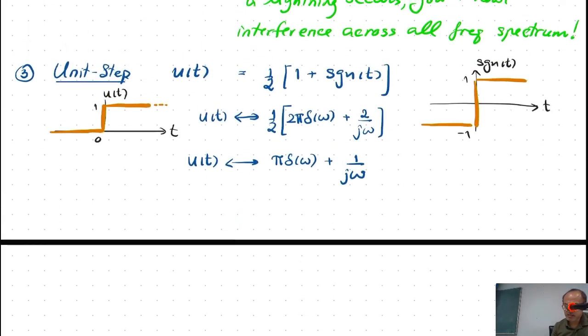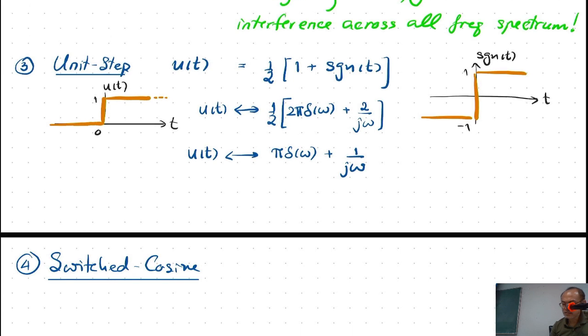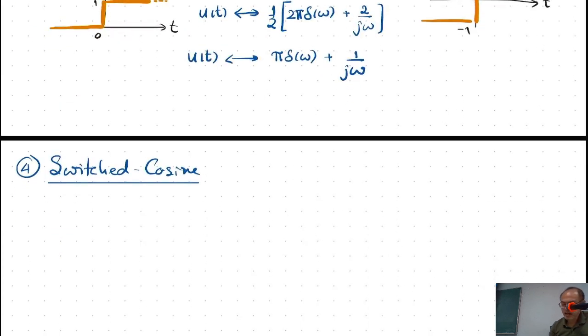The next signal would be the switched cosine. So what is a switched cosine? The switched cosine is defined as a unit step signal multiplied by cosine.